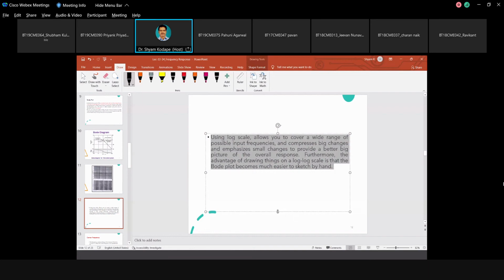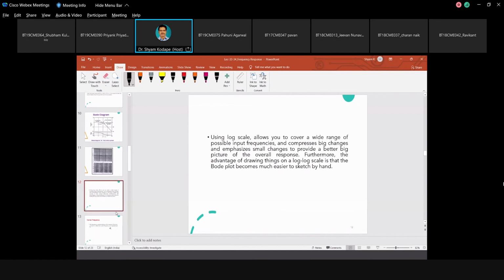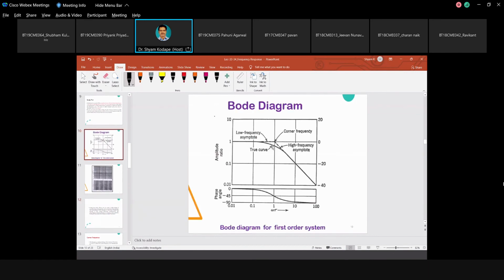So we can directly plot this graph by hand. So how to draw it? This is the diagram of the Bode first order system. It is called a Bode diagram, or Bode plot. So how do we derive it? How will we draw it? Let's see.